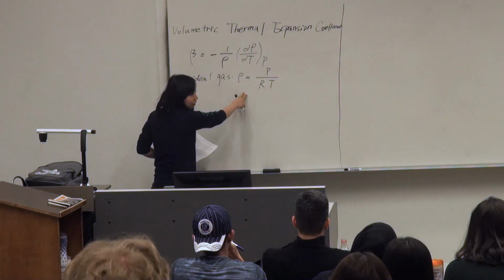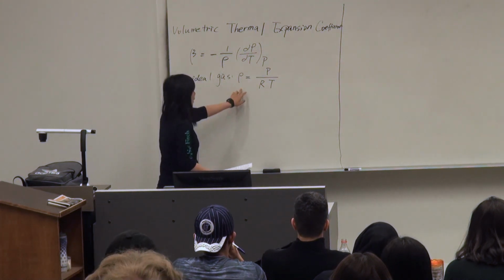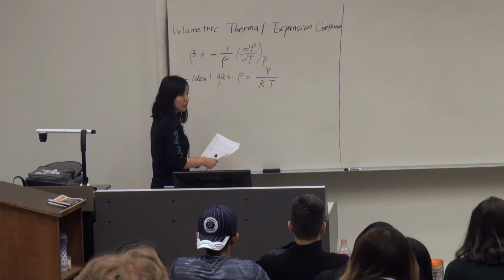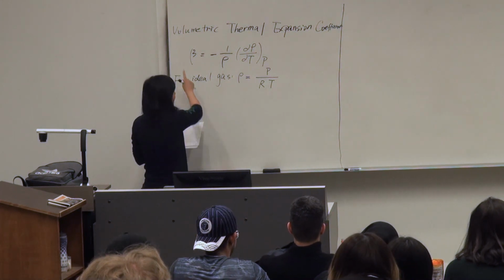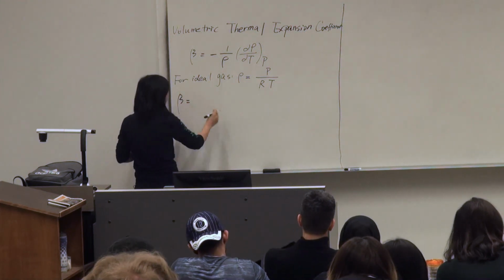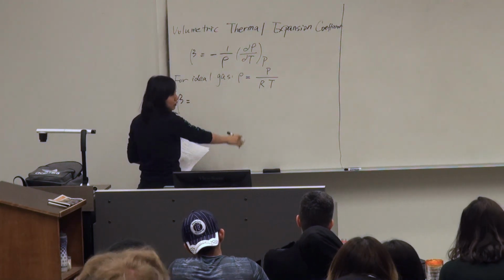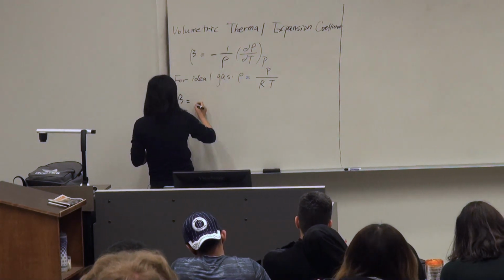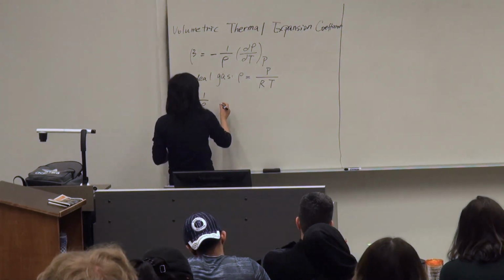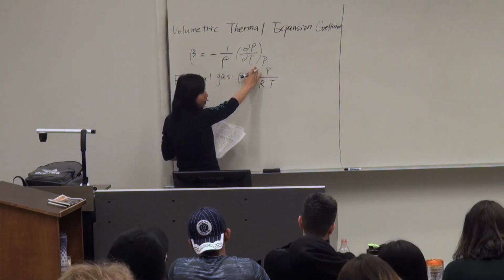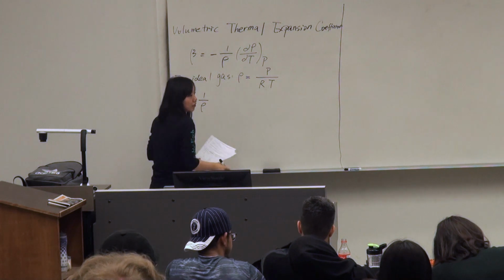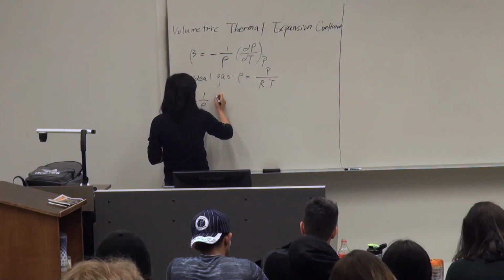And for an ideal gas, we have the density defined as the ratio of pressure over the ideal gas constant and absolute temperature. Then, just by the definition of beta, we substitute the expression for ideal gas density. We have minus the reciprocal of the density, and because pressure is held constant, pressure and the ideal gas constant can be taken out of the derivative.